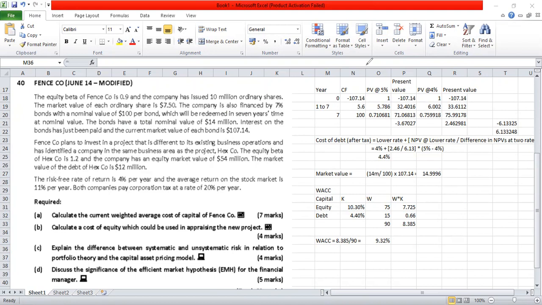The equity beta of Hex company is 1.2 and the company has an equity market value of 54 million. The market value of the debt of Hex company is 12 million. The risk-free rate of return and these things are given. We are asked to calculate the cost of equity which could be used in appraising the new project.